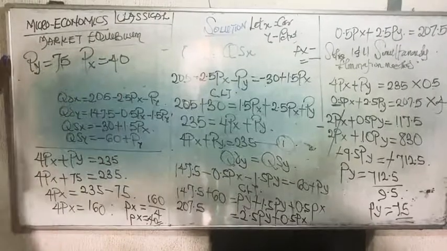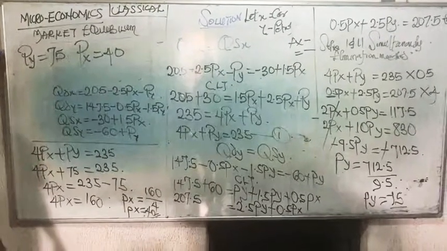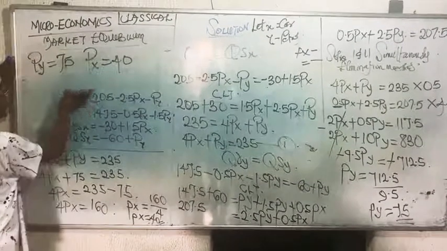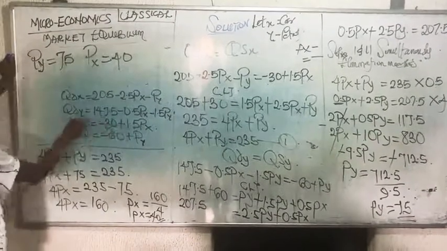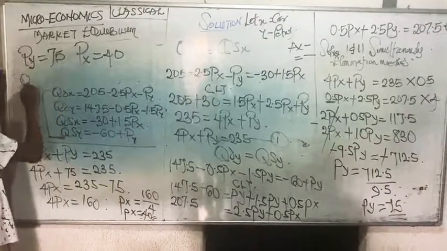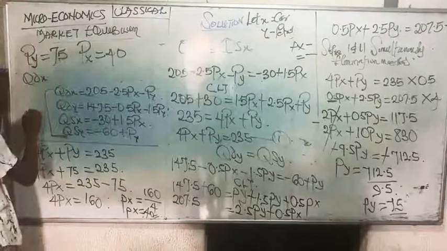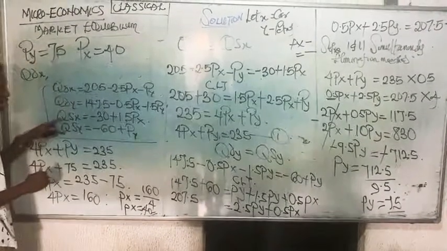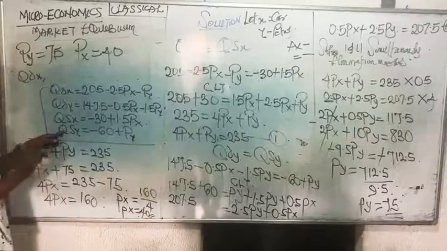The next thing to do is to substitute the values of Py and Px into the main equations in order to calculate QDX, QDY, QXX, and QXY.